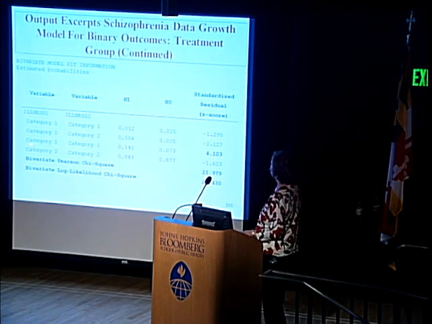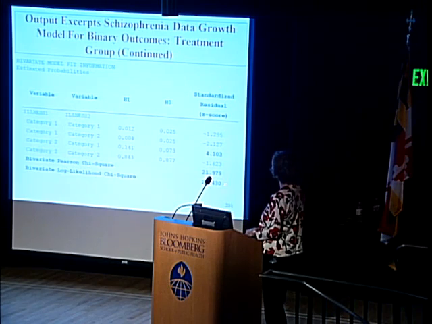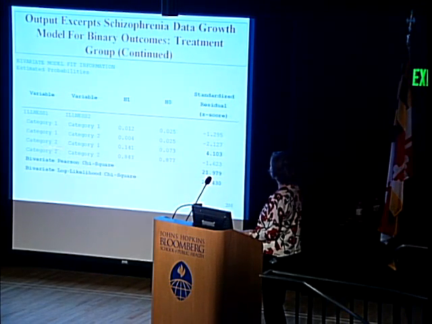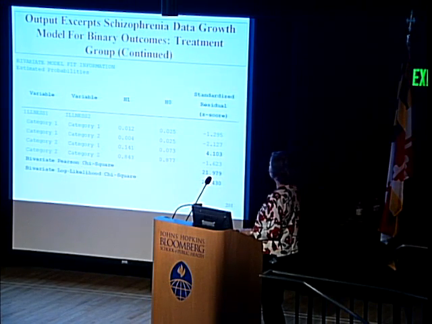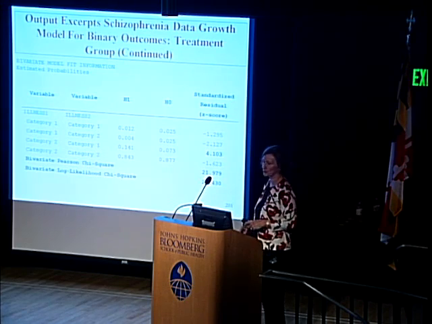What we notice in the last column, where we have standardized residuals, is that category 2, 1, or this would be value 1 and value 0. So 1, 0, that cell has a standardized residual of 4.103. So this is time points 1 and 2, 1, 0. So we have a large residual there.